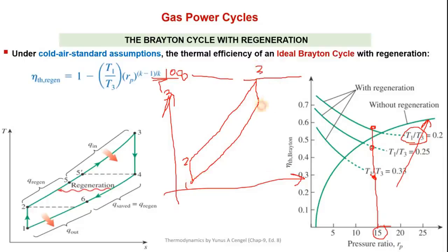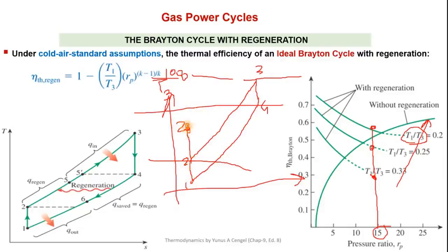This is point 3 and this is point 4, and here you see the difference between T2 and T4 is quite high. Now for the same T1 and the same T3, keeping T1 by T3 fixed, change the pressure ratio. Changing the pressure ratio means point 2 will end up, for example, here at a very high pressure ratio. This is the new point 2.